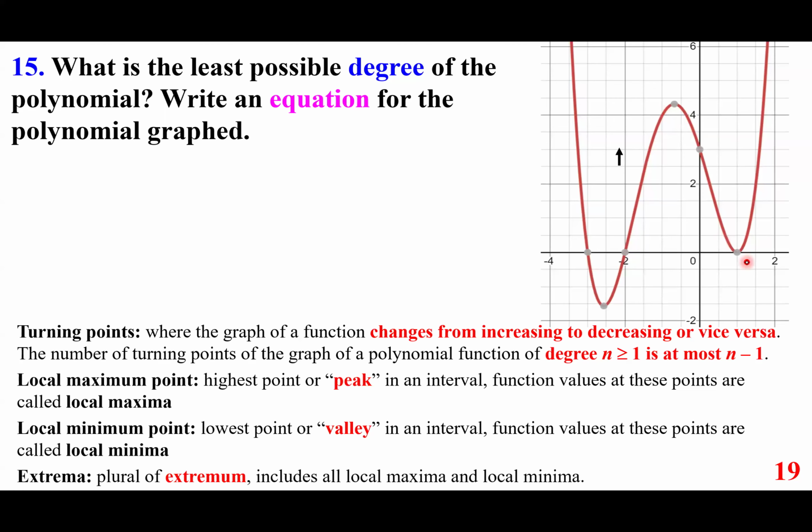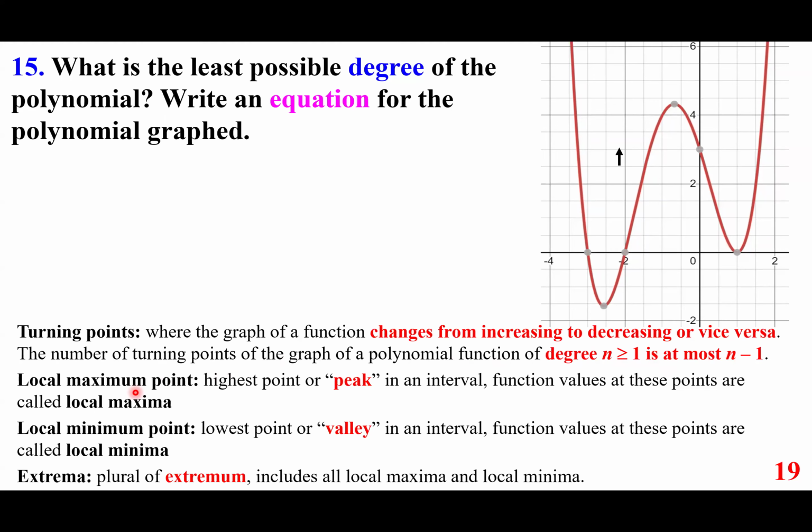So for example, 1, 2, 3, these are the turning points, or the local extrema, local max, local min. The number of turning points of the graph of a polynomial function of degree n, larger than or equal to 1, is at most n minus 1.